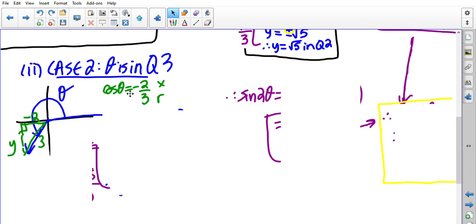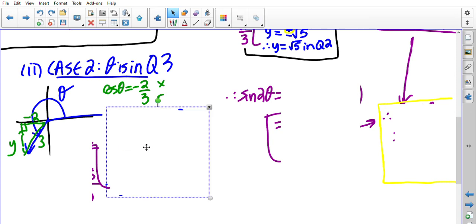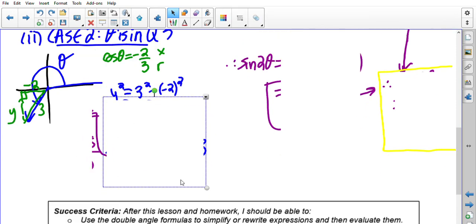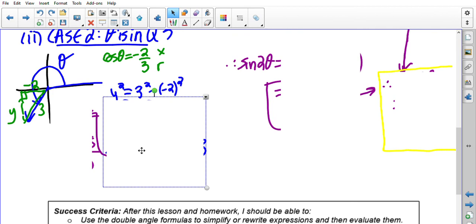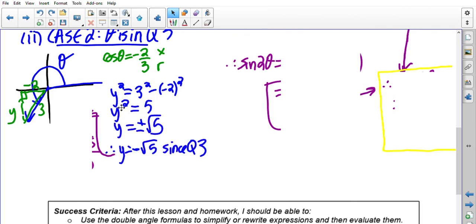This is the same information. I still know x and r. My x is negative 2 in the triangle, I don't know my y value, and my r value is still 3. It should be that same process, the same calculation as in case 1, where y squared equals 5 and then y equals plus or minus root 5.